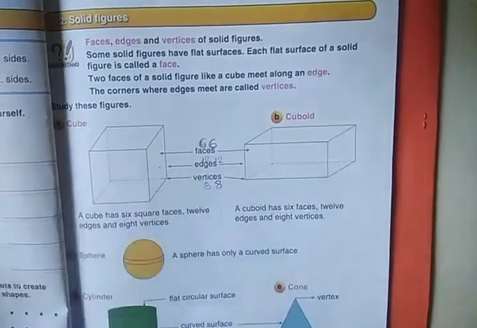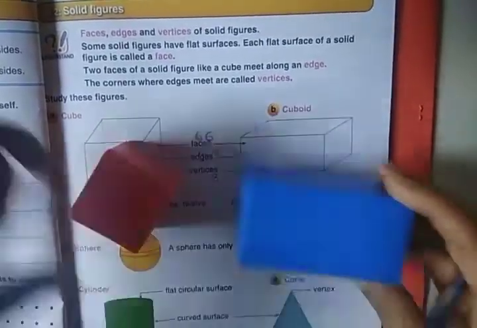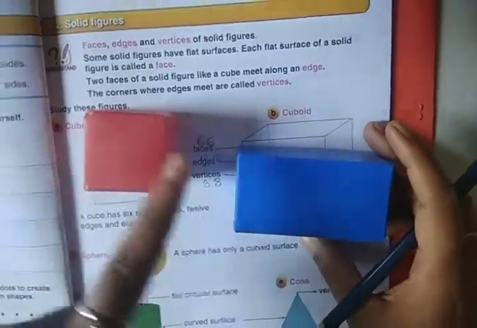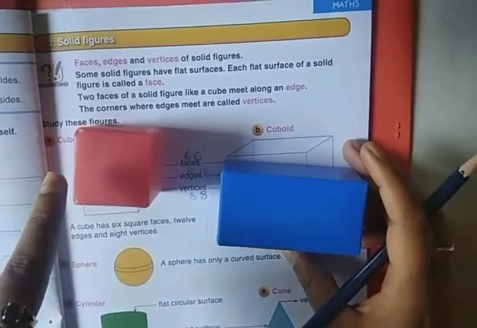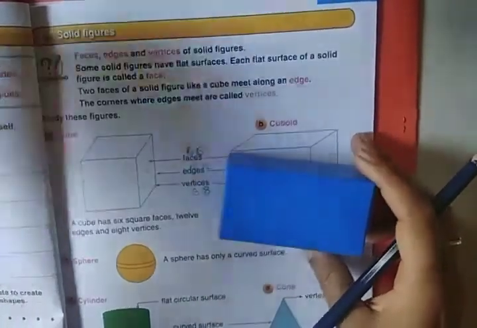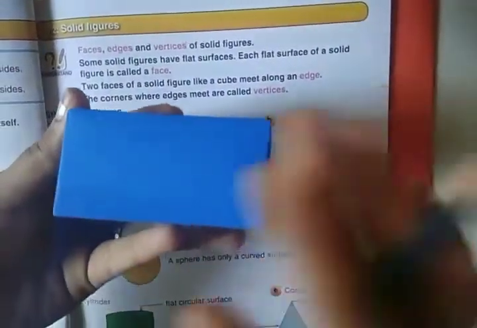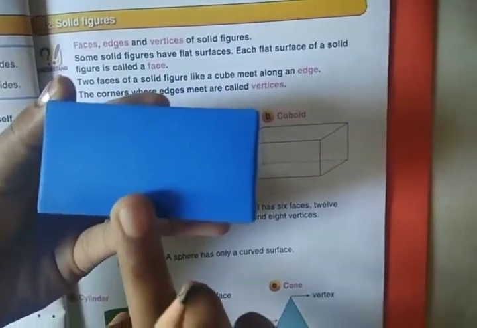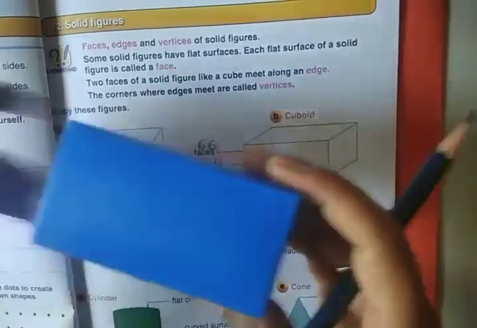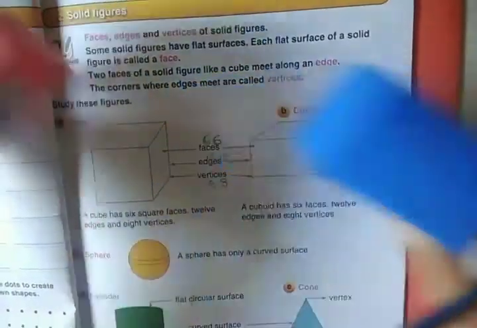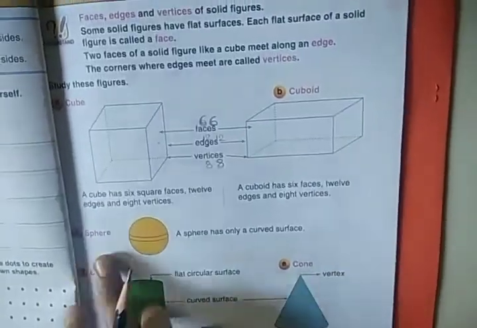But the difference between cube and cuboid is, in cube all the edges are of same length. But in the cuboid the edges are not of same length. The opposite side edges are of same length. This is cube and this is cuboid. Now we'll see about the sphere.